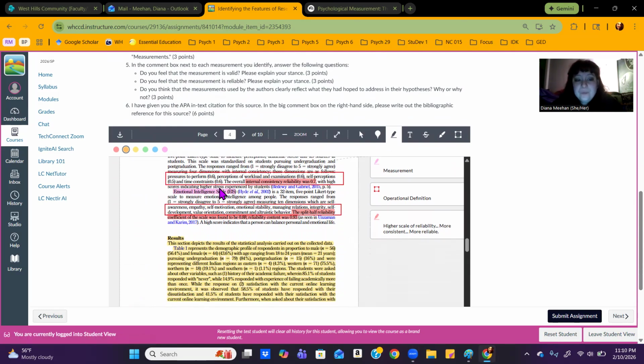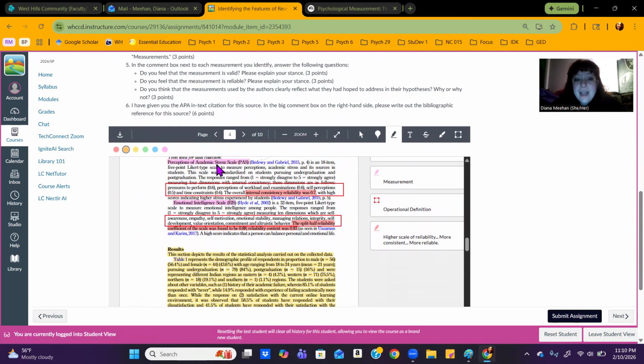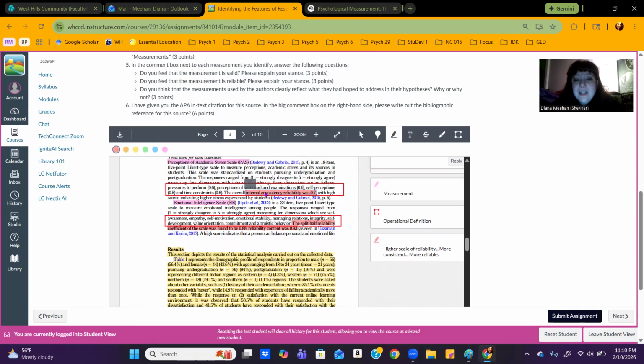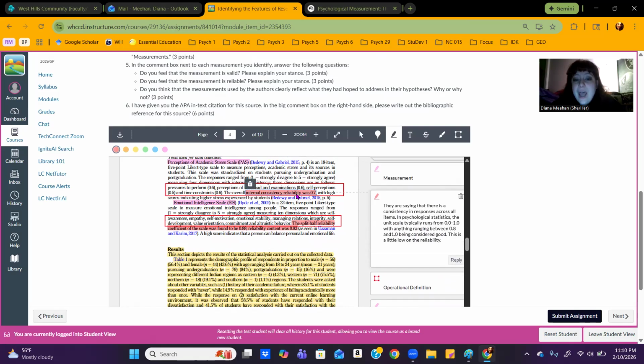So when they're talking about the academic stress scale, they mentioned that there's an internal consistency reliability that had a score of 0.7. Basically this means that there's a consistency in responses across all of the items. Now, typically in psychological statistics, and you'll remember this from your statistics class, right? The scale typically runs from 0 to 1.